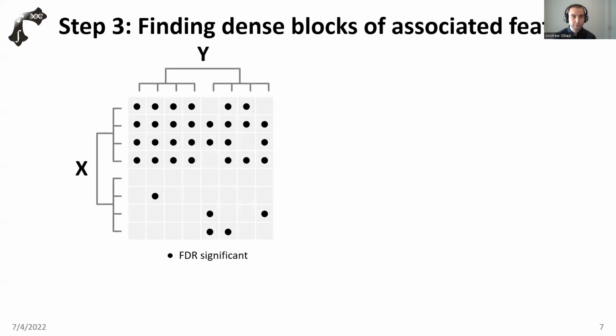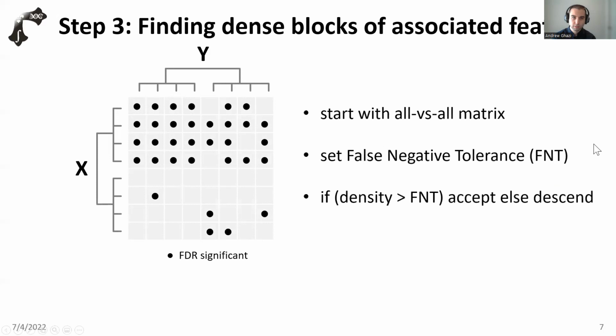And then we layer on the 2 hierarchies that we computed separately. And then we descend through the 2 trees. And if a block is dense, then we accept it. And if not, we descend through one of the 2 trees and then repeat the process iteratively.